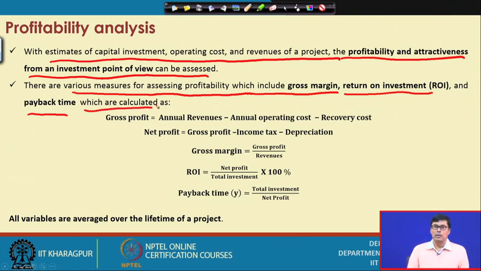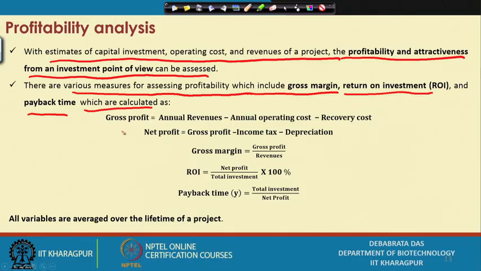As an example, when we go for any kind of equipment, that particular reactor, we always find out the life of the fermenter. Suppose the life of the fermenter is 10 years. So, whatever money we spend for the fermenter, that is to be recovered within 10 years. That is very important.